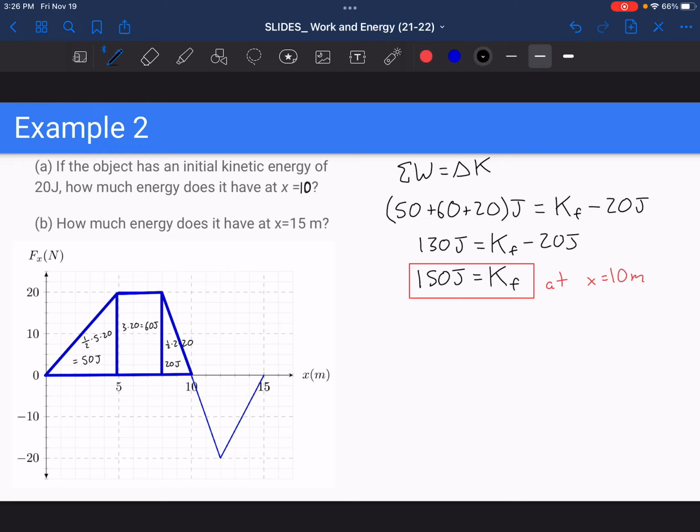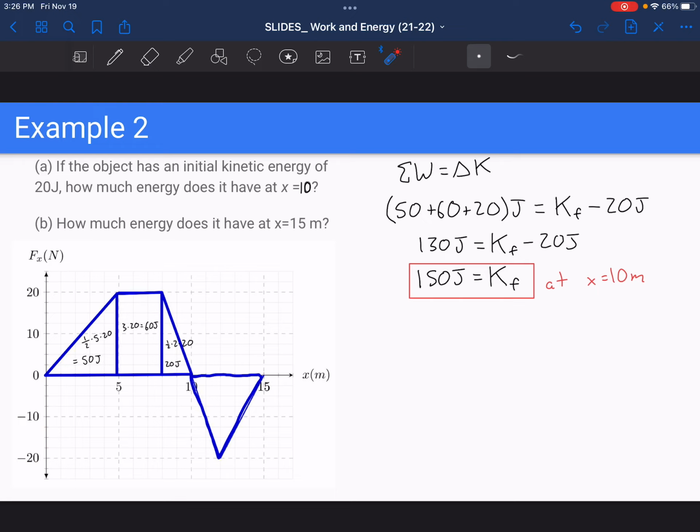And the second part is asking for how much energy it has at x equals 15 meters. So you might not be surprised to hear that if we have a negative area, that will be negative work, which makes sense because over this whole interval, the force is always acting in the negative direction, but the object is moving in the positive direction.